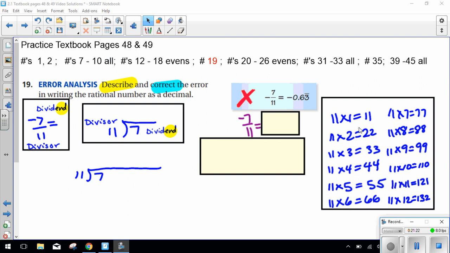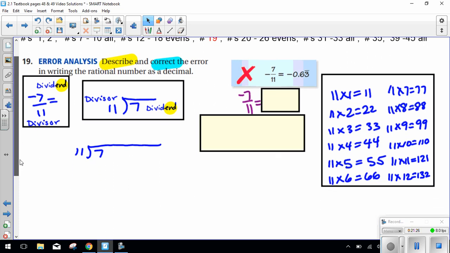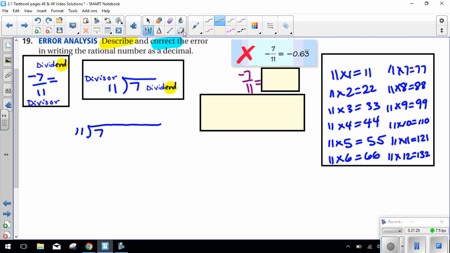If you notice, I already set up the 11 times tables for you. It just makes dividing so much easier. So I'm going to add a decimal and a 0. So how many 11s go into 70? So it has to be 6 times, which gives us 66.